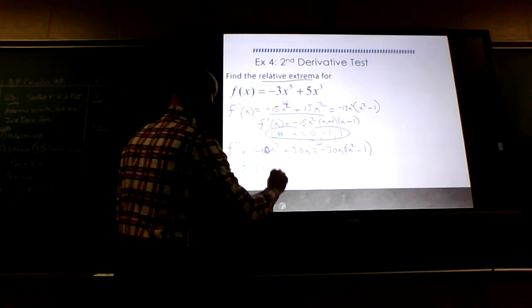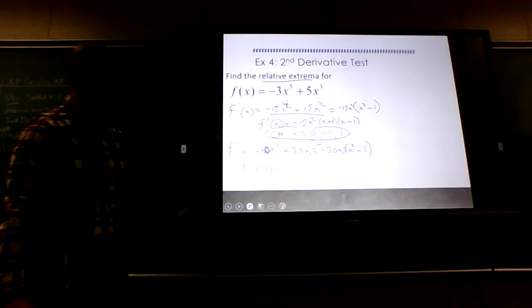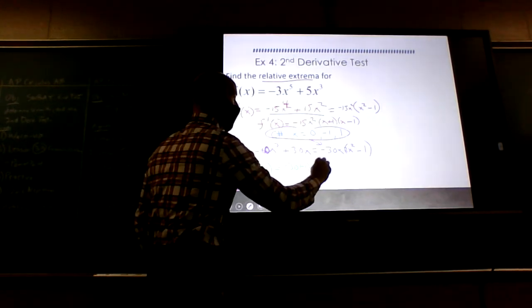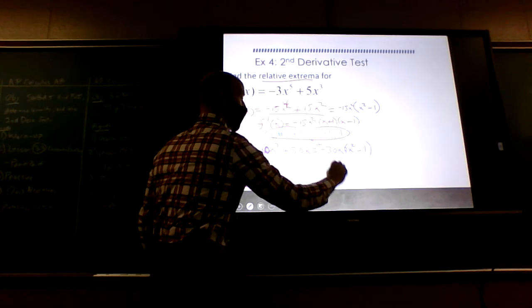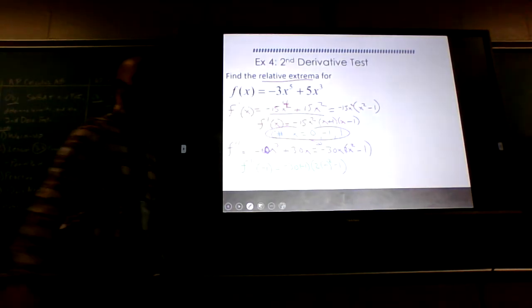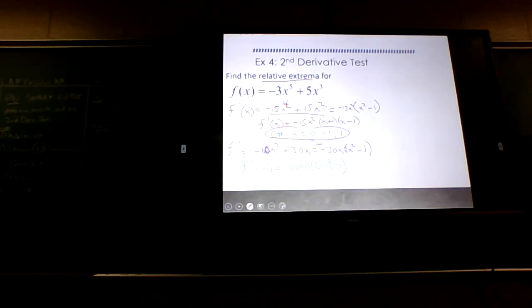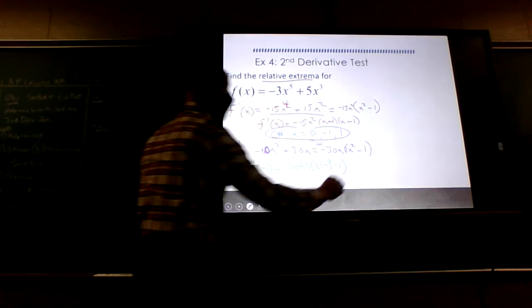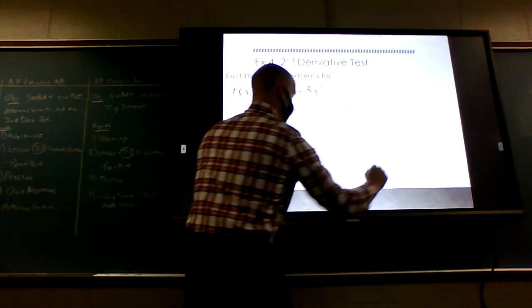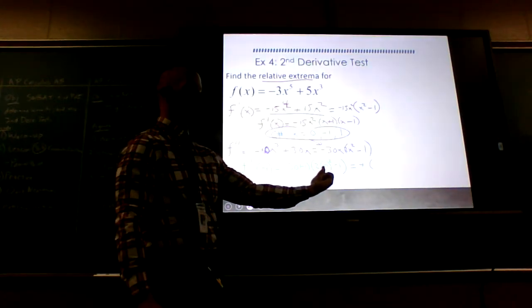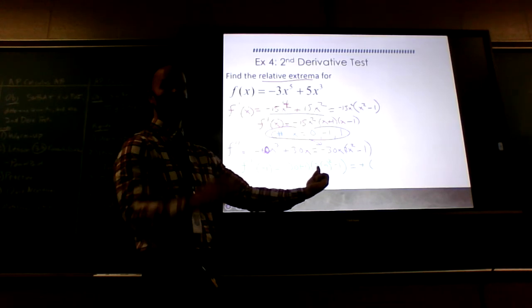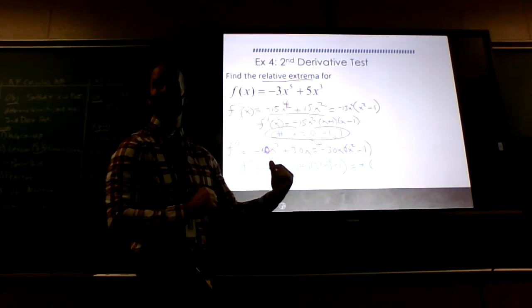Let's do negative 1. If I plug negative 1 in here, I'll get negative 30 times negative 1 times 2 times negative 1 squared minus 1, right? Okay, what's negative and negative? So far, that's positive. And what about this here? Negative 1 squared is 1, times 2, minus 1.